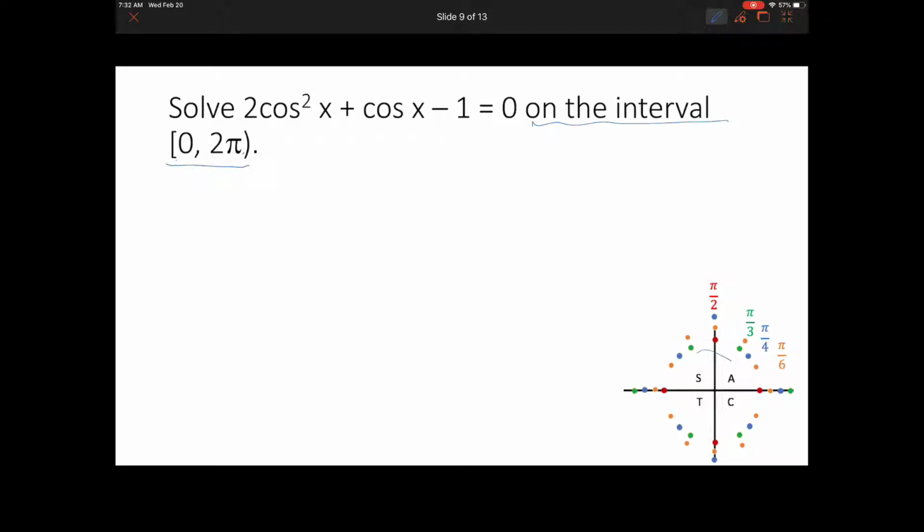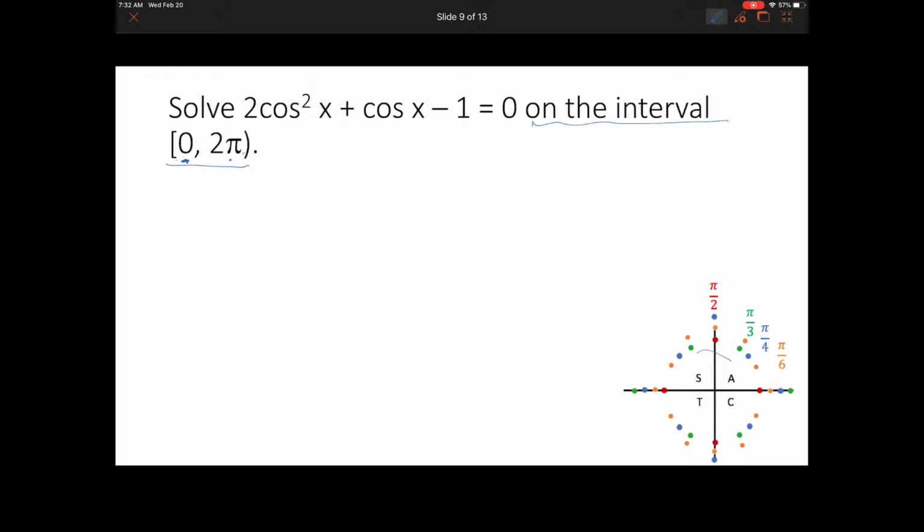So we're only interested in one rotation, one revolution around the unit circle, and because 0 is the same as 2 pi in terms of our answers for cosine, sine, and tangent, they only want you to include the solutions once, so they'll ask you to find only the solutions for 0 up to but not including 2 pi. So when we're solving these, it's very similar to what we did yesterday or in this previous one, but now in most cases the terms aren't factored already.